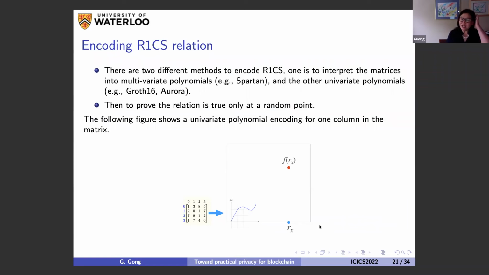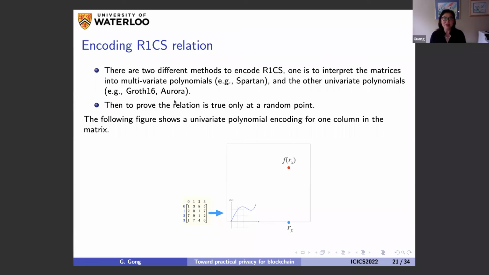So for the encoding of the R1CS relation, which means we now have a matrix, you have two ways to interpret those matrices. One is interpreting them as multivariate polynomials, for example Spartan, and another is using univariate polynomials, for example Groth16 and Aurora.